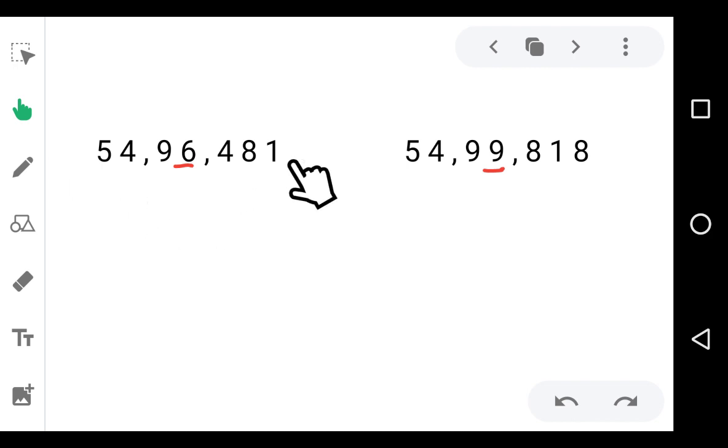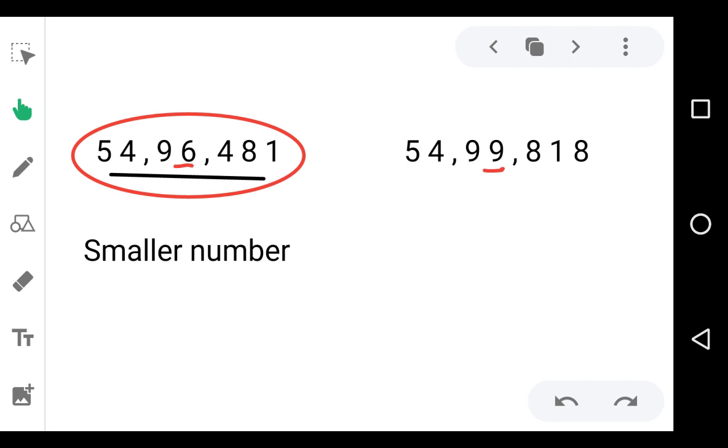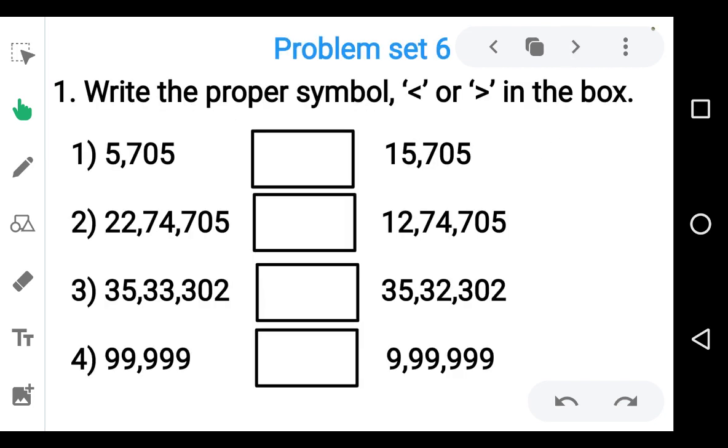So this number is smaller, and here we use the sign smaller than. We read it as 54,96,481 smaller than 54,99,818. Now after that we solve problem set 6, which is based on it.